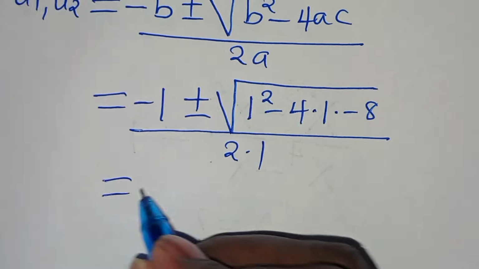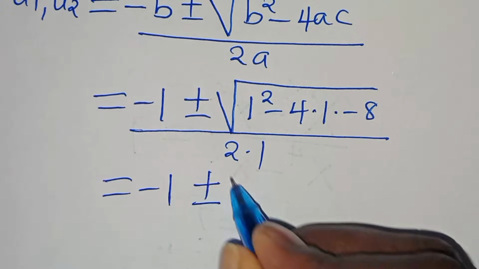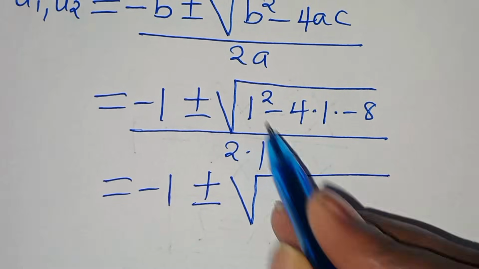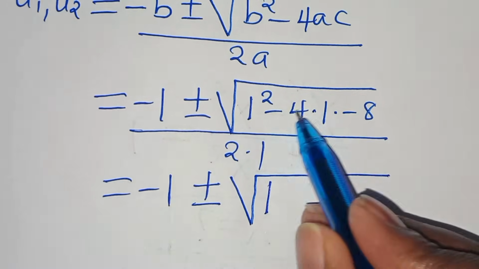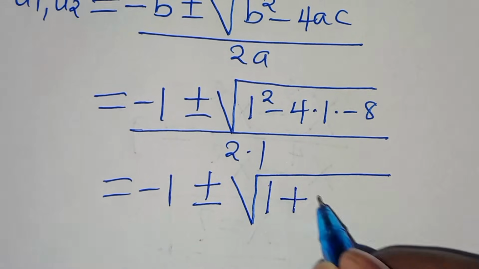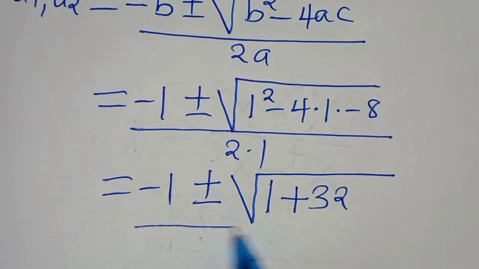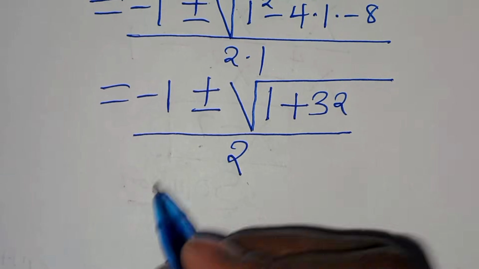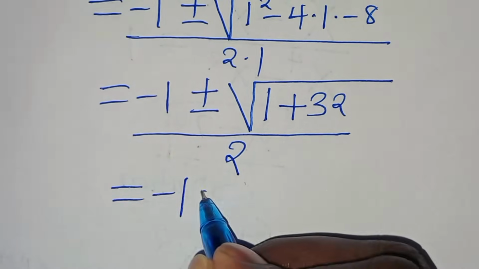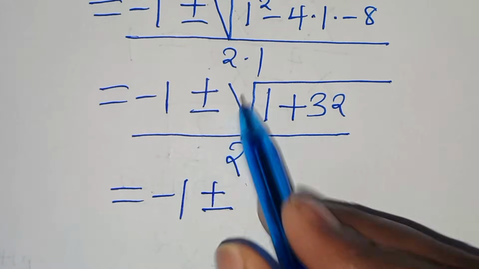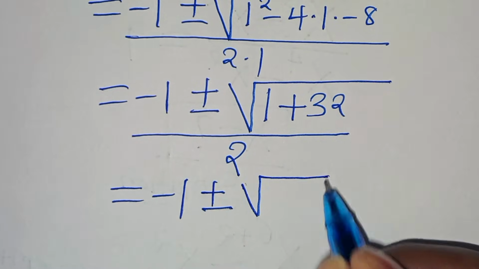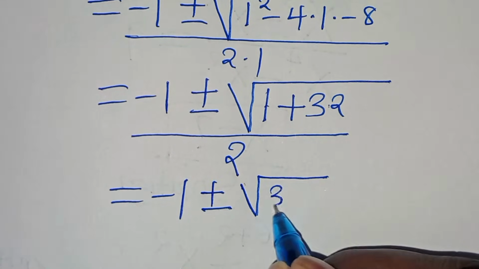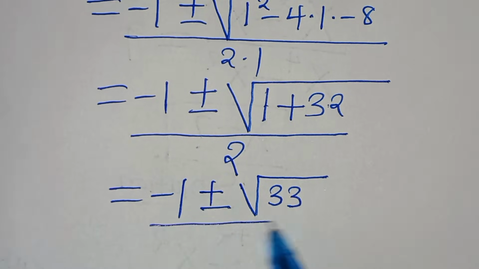So this is minus 1 plus or minus the square root of 1 squared, this is 1, minus 4 times minus 8, this is plus 32, everything divided by 2. So this is minus 1 plus or minus the square root of 1 plus 32, this is 33, divided by 2.